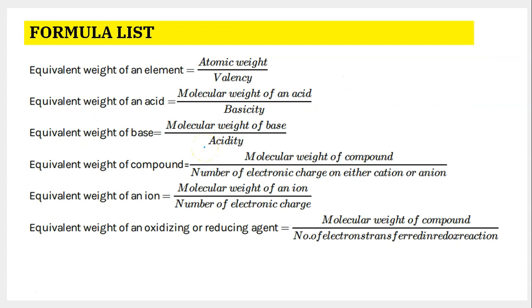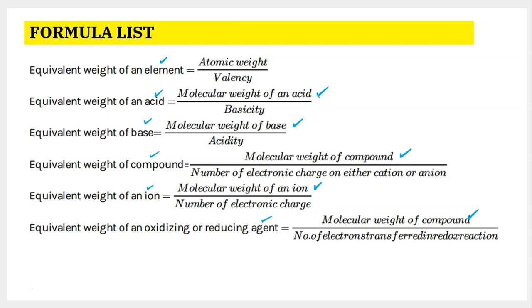When you have looked at all these formulae to calculate gram equivalent mass of an element, acid, base, compound, ion, or oxidizing or reducing agent, observe something which is common. In the case of an acid, base, compound, ion, or oxidizing or reducing agent, the numerator is the same. You take the molecular mass of that particular molecule or salt or acid or base.